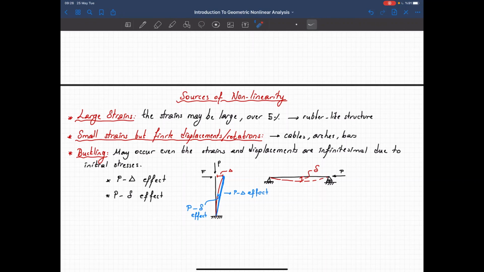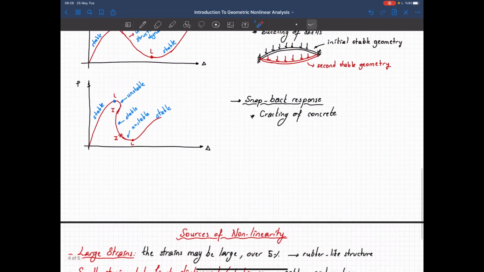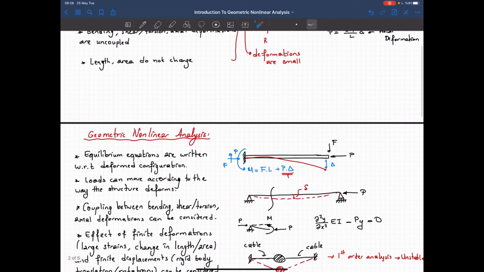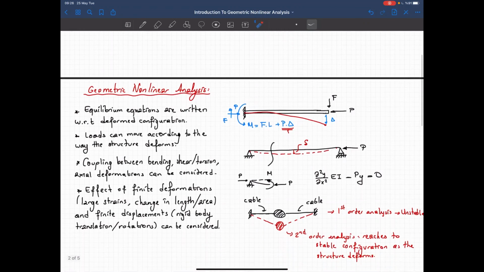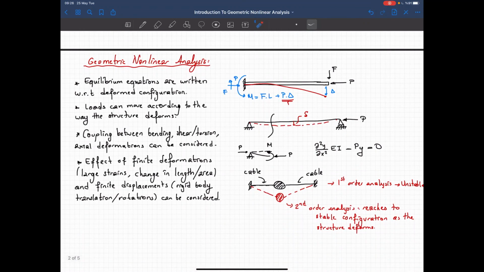Now, up to this point we saw formulation with respect to the first order analysis, and we will step by step break these assumptions that we make and work on the formulations, how we can break these simplified assumptions and perform a geometric nonlinear analysis, developing our elements accordingly.